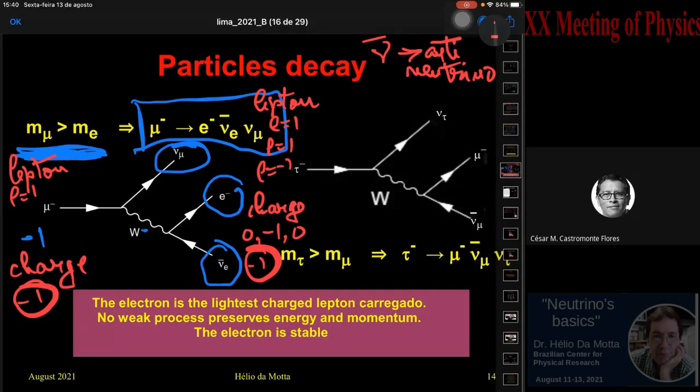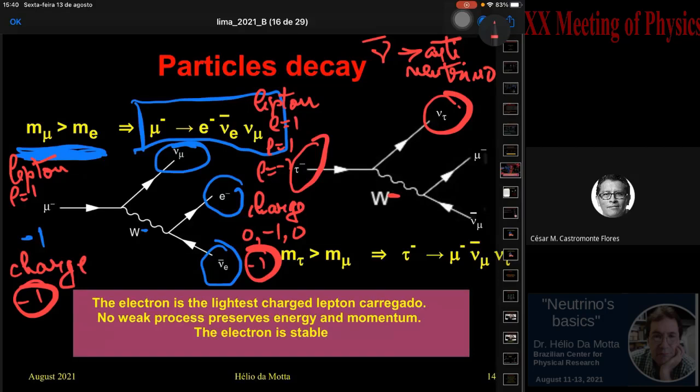Here we have a second example where we have a tau. The process is the same. The tau has a negative charge. It also sends a W, then loses charge and becomes a tau neutrino. And this W minus has a negative charge. You have to understand that these exchanged particles, the W, the Z, the gluon, or whatever, do not show.